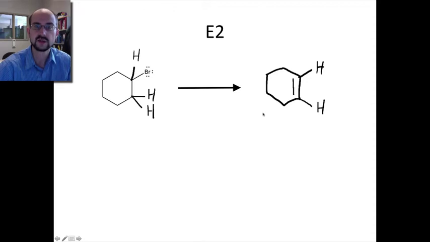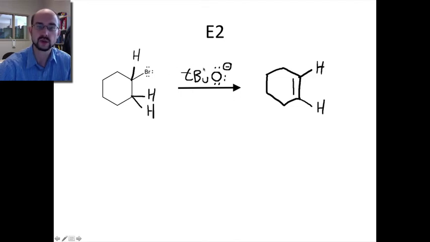In this case, we need some sort of strong base, so we could use methoxide or tert-butoxide. Why don't I use tert-butoxide? You'd usually use potassium ion as the counter ion here, but it's a spectator ion, so I'm not going to draw it in.